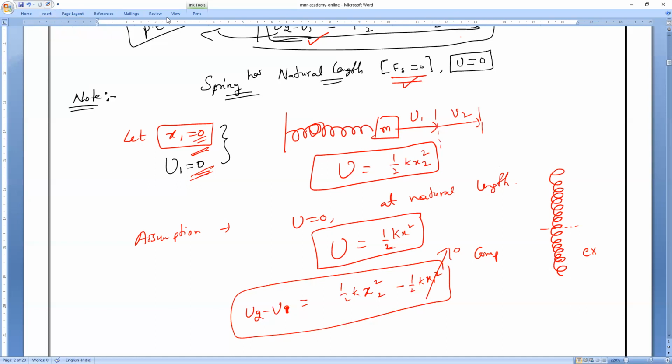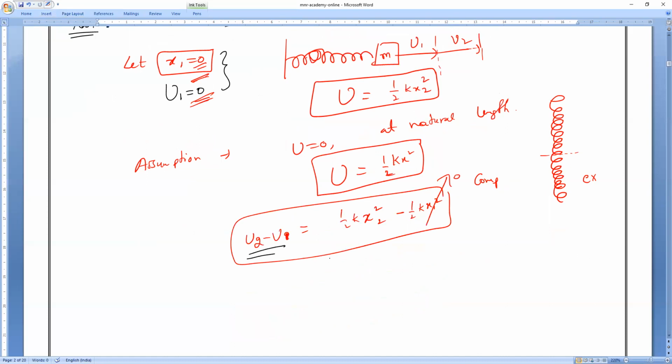So the change in potential energy is equal to half k x2 squared. Am I right or wrong? This is what we call the change in potential energy.